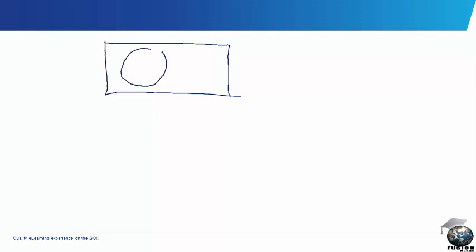Alright, so this can be represented in the Venn diagram as follows. This is my circle to denote set X, and this is my circle to denote the set Y. 1 occurs in both sets, and that seems to be the only intersection point.